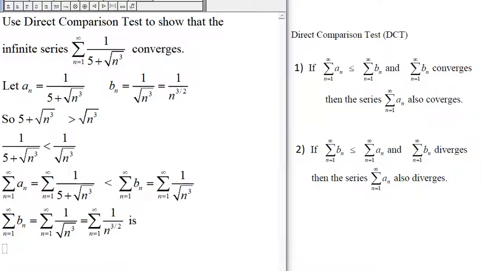And notice that this is a p series with p equal to 3 halves.